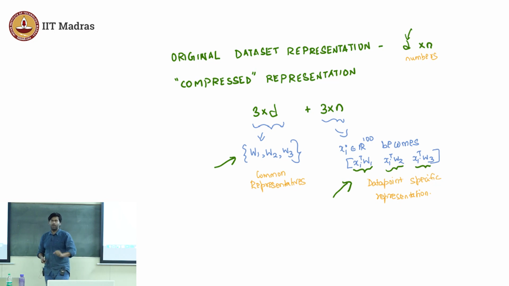But the loss will be minimal, and in general it's good practice to remove that dimension if the loss is small, because it might actually help you if you are using these low dimensional features for some other downstream applications. There is a statistical learning theory aspect of why you should do this, but let's not get into it. Let me just say that it's a good idea to do that, even if the loss is not 0. Yeah, is there a question?